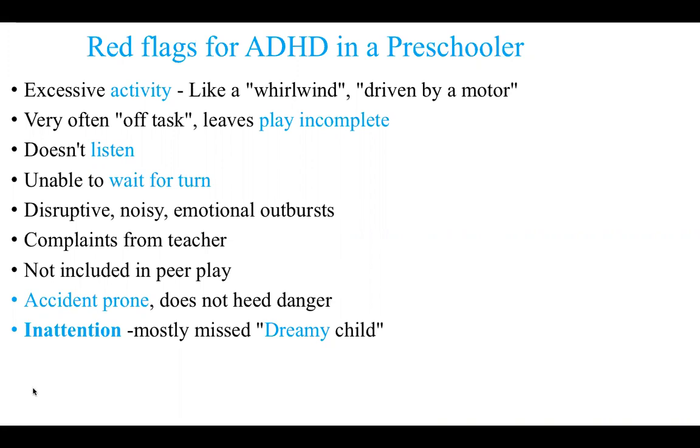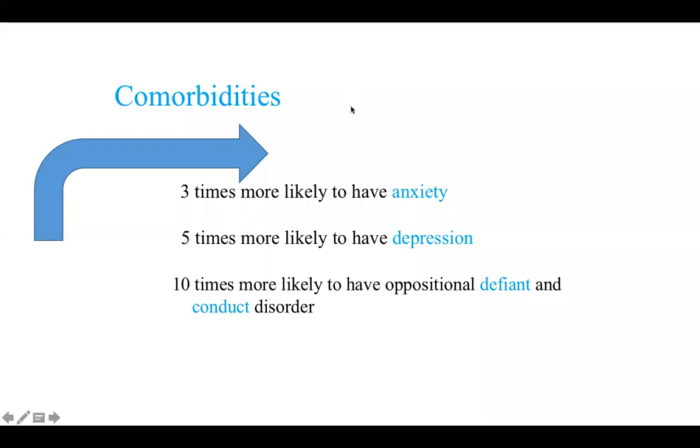So inattention, as I said, is mostly missed because this is taken as a dreamy child. As I said, ADHD and, for that matter, all neurodevelopmental conditions do not come alone. They always move around in groups. So the commonest comorbidity is oppositional defiant behavior.